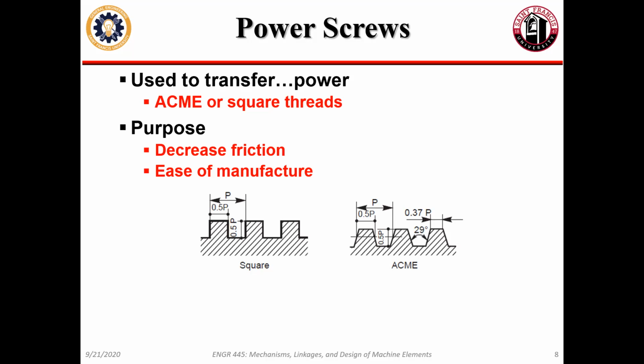But if I have a lead screw, something I want my nut to move around on, so I'm trying to drive it from one position to another, then I don't want friction. That's a bad thing. So Acme screws have a little bit more friction, but are a lot less expensive. That's the trade-off with a lot of these things. But regardless, we're going to start by talking about square threads.